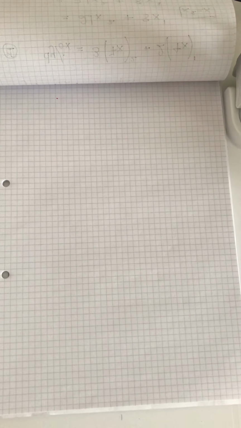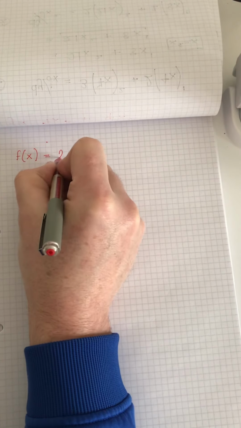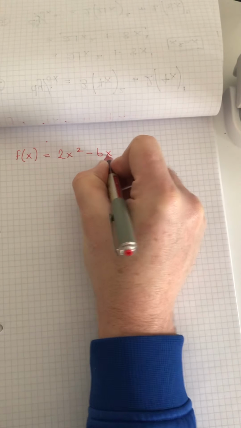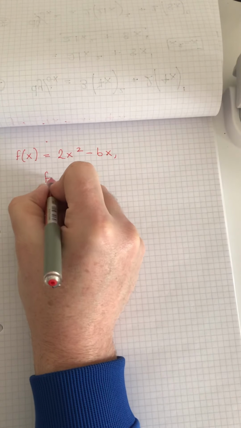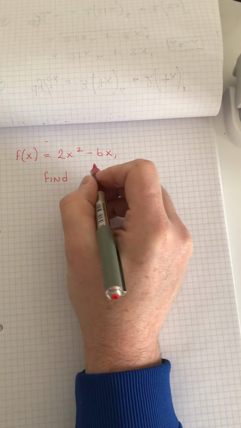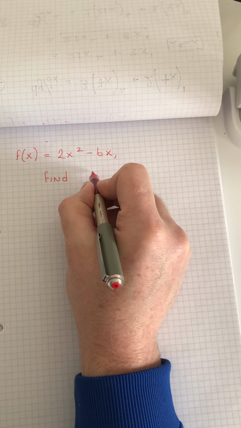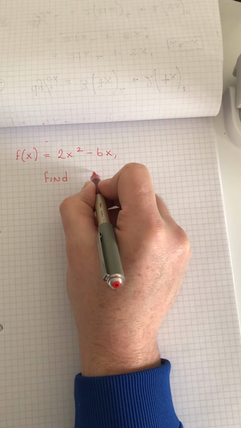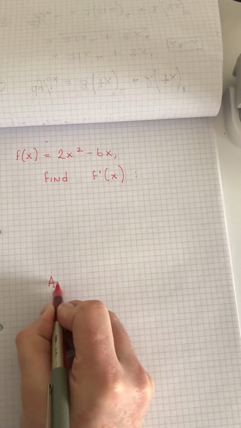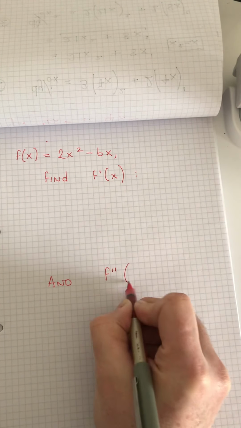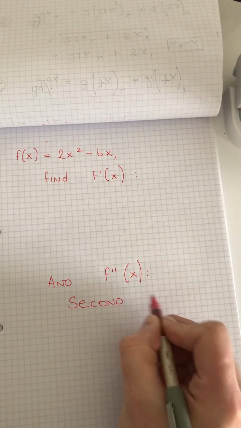And finally, supposing you have f of x equal to 2x squared minus 6x, and you want to find f dash of x and f double dash of x, which is your second derivative.